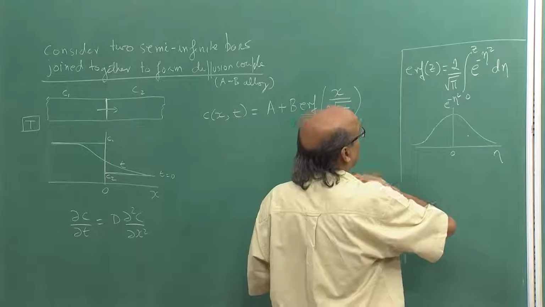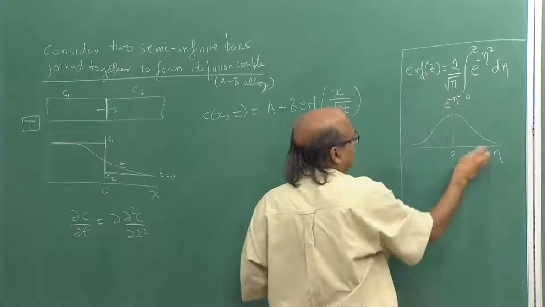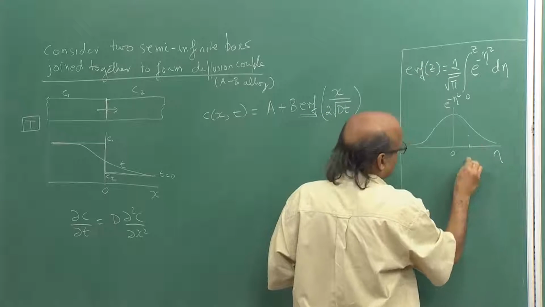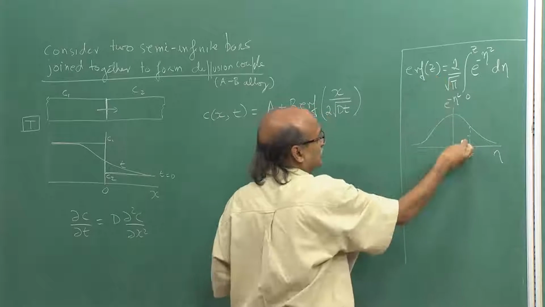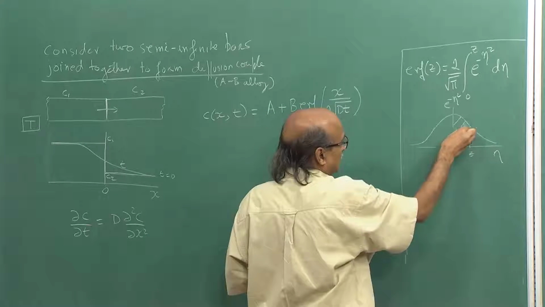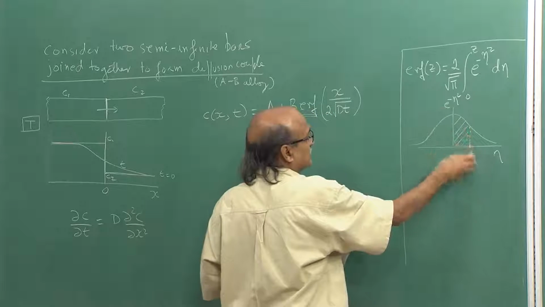So, if I look at the error function of z, I locate z on this axis, then the error function of z is nothing but the area under this curve in this region.